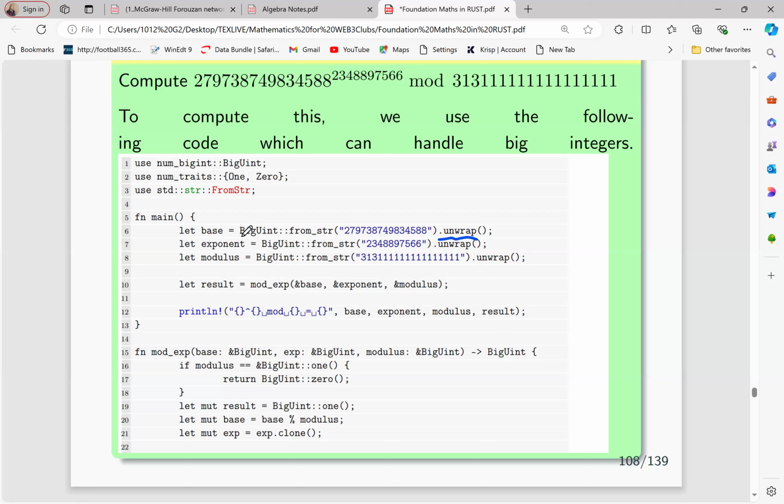That is the only difference. And the other difference is just this where we had U64, meaning 64 bits. We discovered that this would be a smaller number and we want to deal with bigger numbers, and then we use big unit. But the rest of the code is just the same.